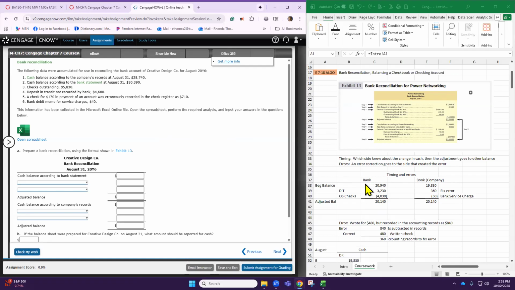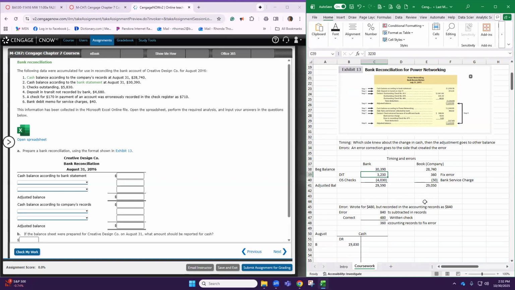All right, so let's start with the amounts. The balance for the company's books is $28,740. The balance according to what the bank statement says is $30,390. Okay, $30,390.